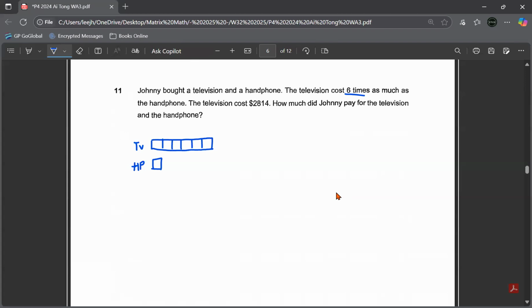Okay, so you know that they gave me the value of 2814, which is the TV. I want to find out how much did John pay for the TV and the handphone, which is the total. So we can see here 2814 is actually 6 units. Because we have 6 units here and the value of 2814. So to look for 1 unit, you divide.